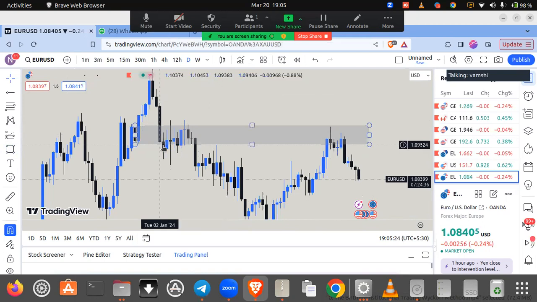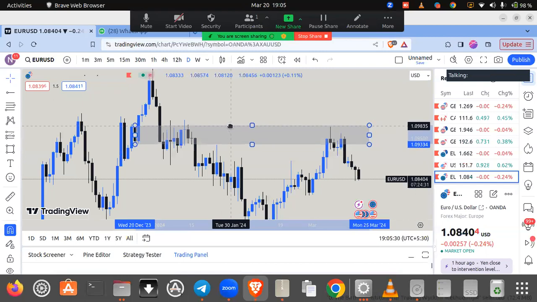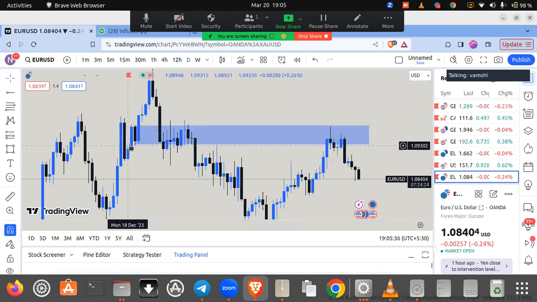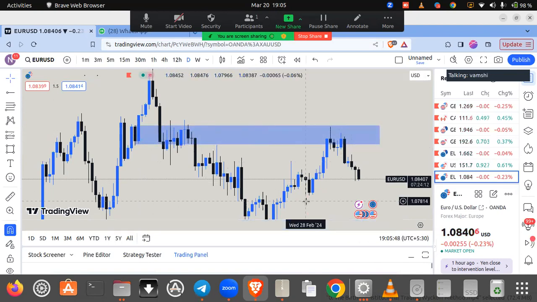This marked zone is the engulfing buy zone. I will change the color if you want. Only think about this: until here, this is an engulfing buy zone. And later, this buy zone failed here.